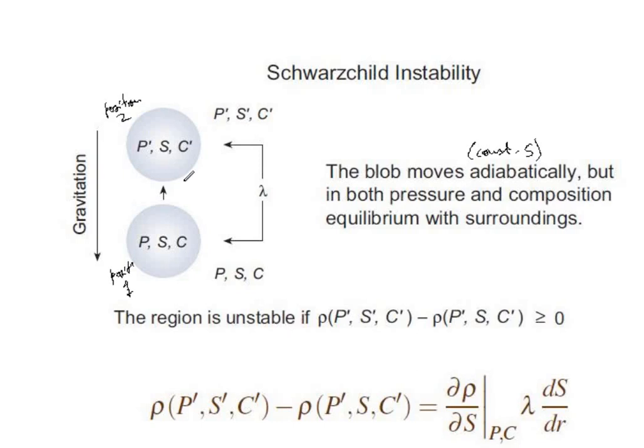That means the blob moves upward if the density of this surrounding region is more than the density inside the blob, right? So basically the condition for convective instability is that the blob is less dense than your surrounding medium at point 2.